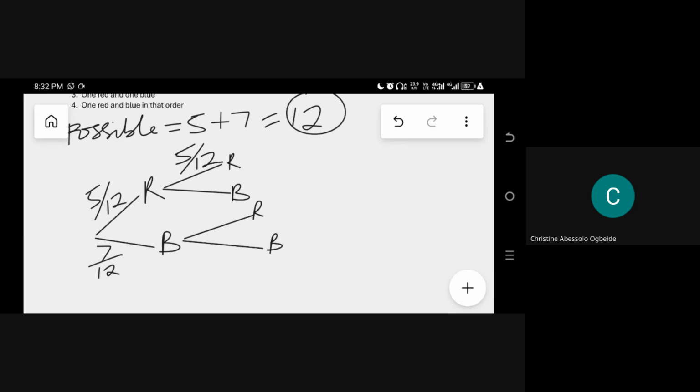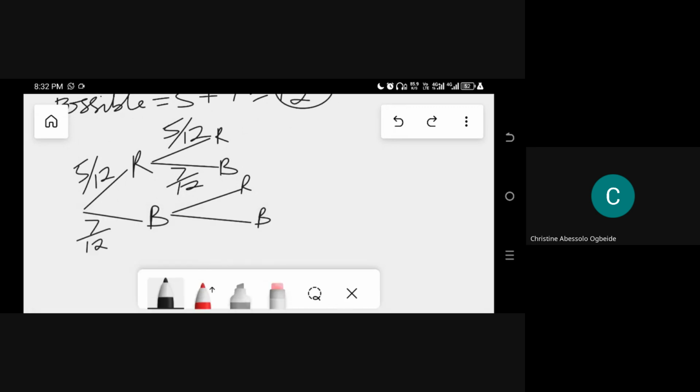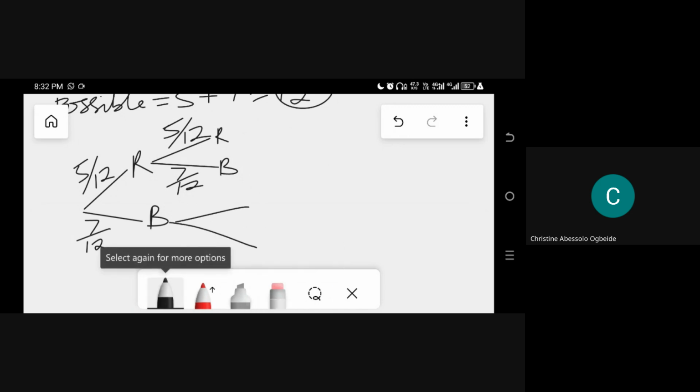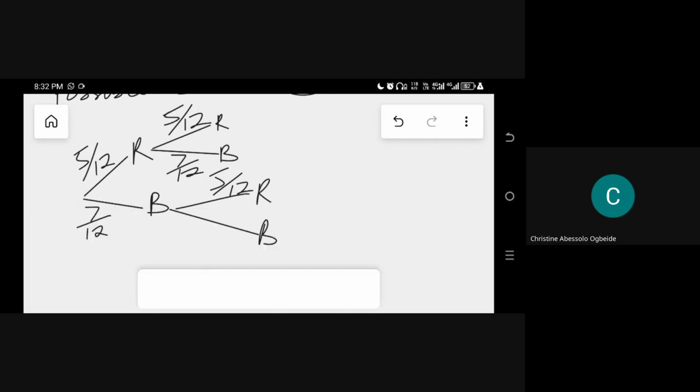Then picking a blue will be 7 over 12. Then for the other one, picking a red, you still have 5 here. This is too congested, so let's say red, blue. Picking red here, still 5 over 12, and picking a blue here is still 7 over 12.